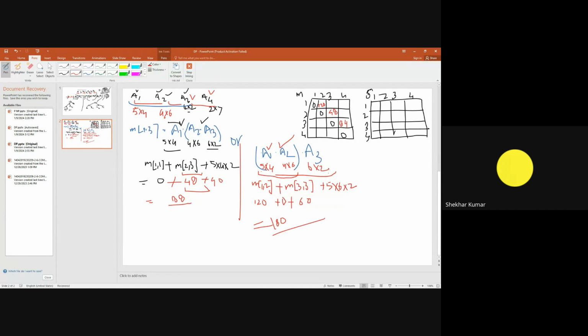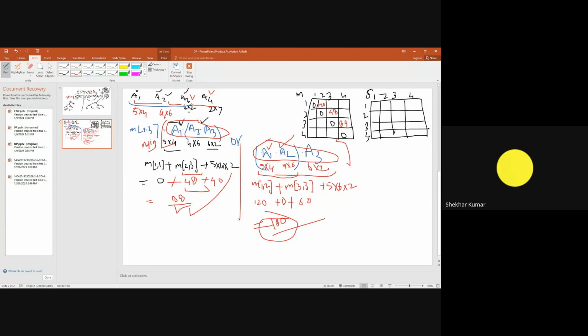Now you can see that in the first approach the cost is 88, and in this way the cost is 180. Then I will select the one which has the minimum cost. In both approaches, I check the minimum cost.